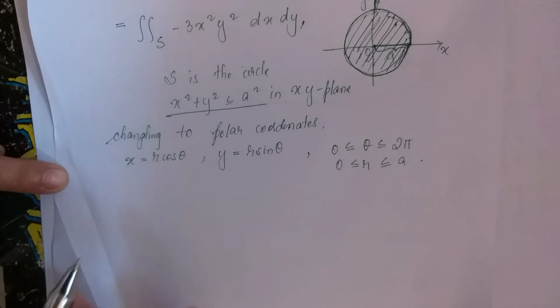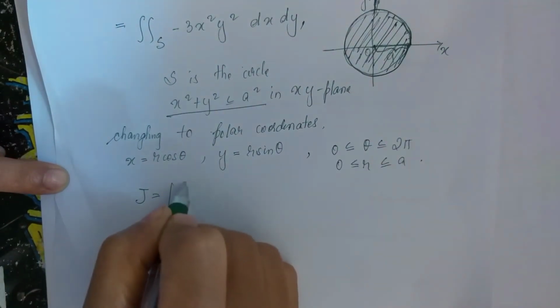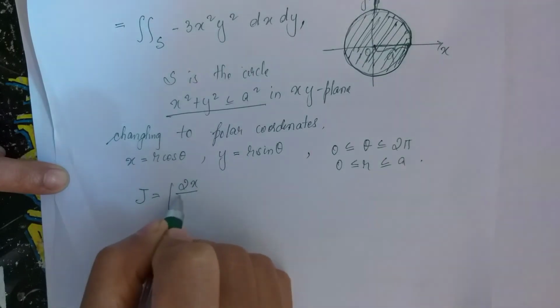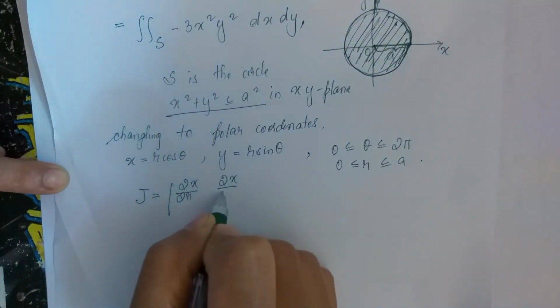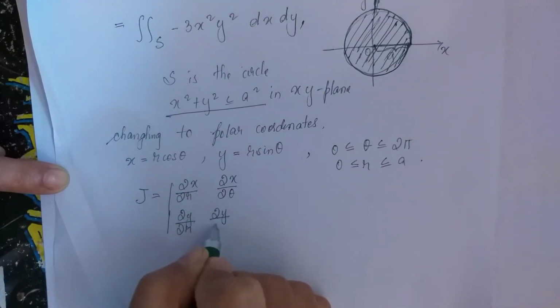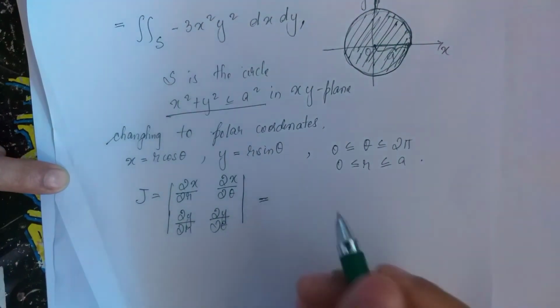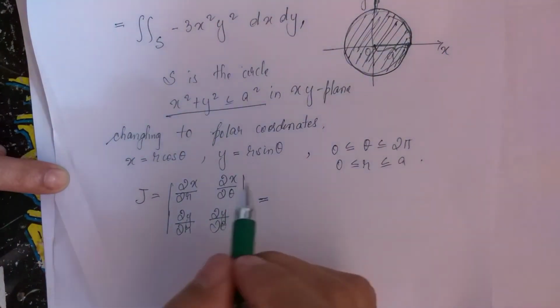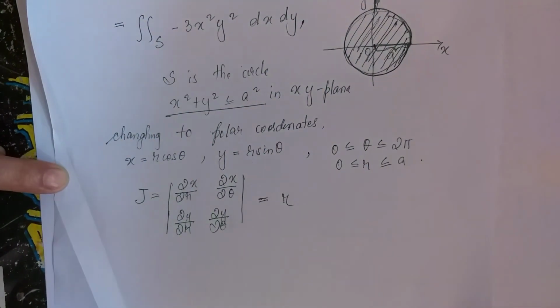Since we're changing the variables, we need to find the Jacobian J: del x del r, del x del theta, del y del r, del y del theta. If we calculate this Jacobian, we get the Jacobian equal to r.